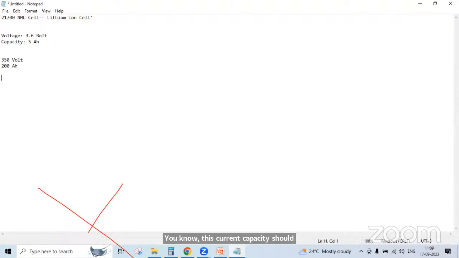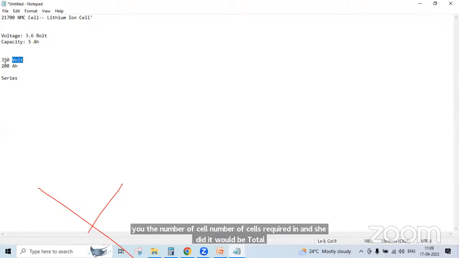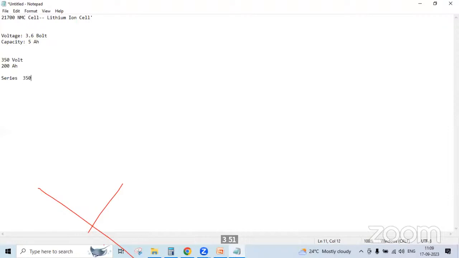So I told you the number of cells required in series. In series, it is the total voltage, 350 volt, correct? 350 volt divided by the voltage of one cell. What is the voltage of one cell? That is 3.6, right? So 350 divided by 3.6, that many cells are required in series.